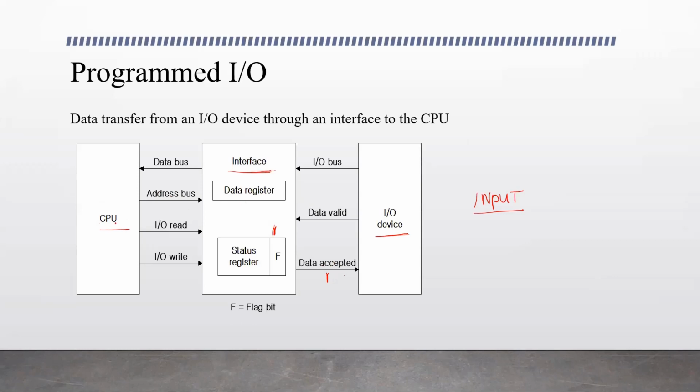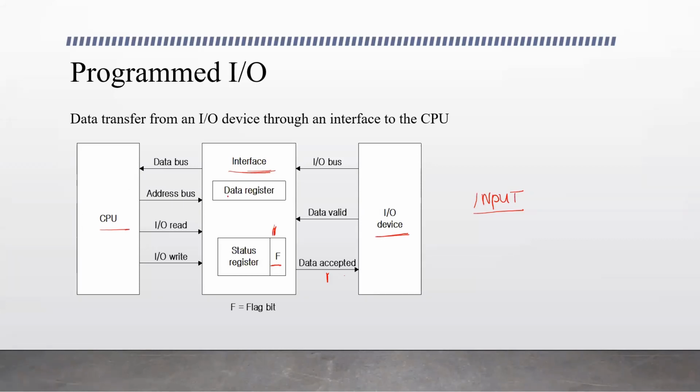Now what the CPU has to do is read the data in the data register. So it checks the status register, checks this flag. If it is 1, it can read the data, since there is data available in the data register. So the CPU enables this IO read, and the interface places the data in the data bus, and that is read by the CPU.